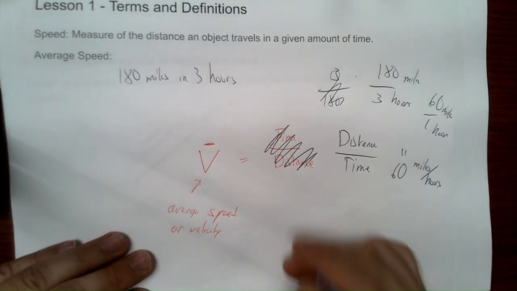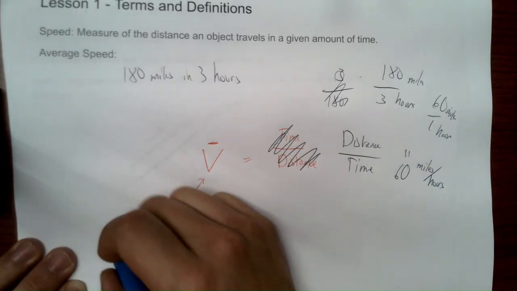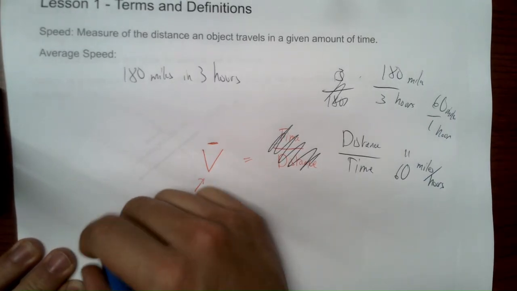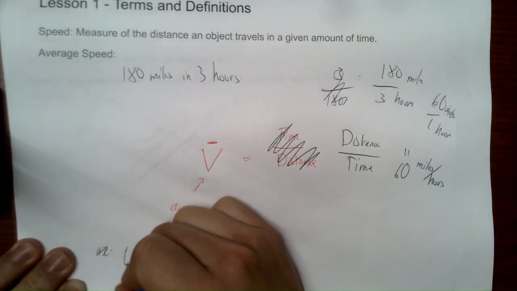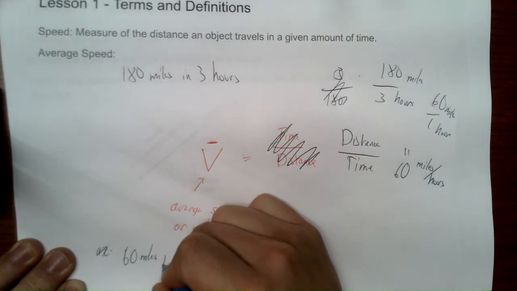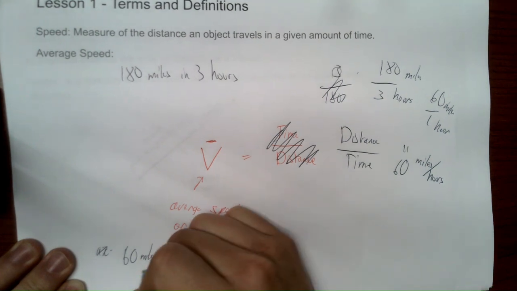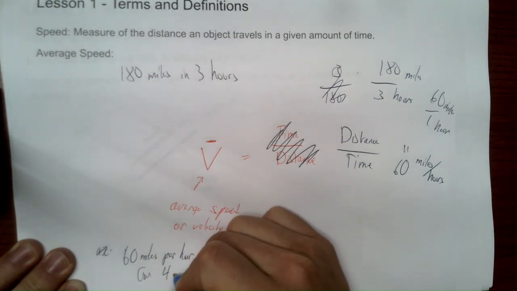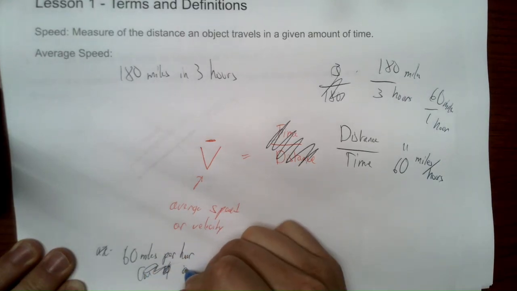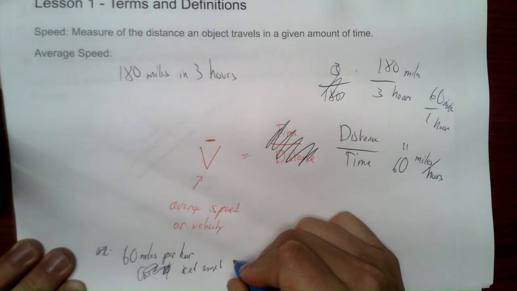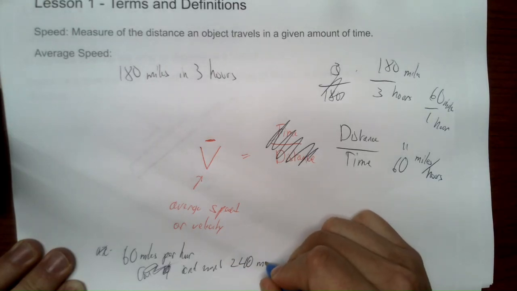Now, you may encounter a situation where they say, let's say a car travels 60 miles per hour and went 240 miles.